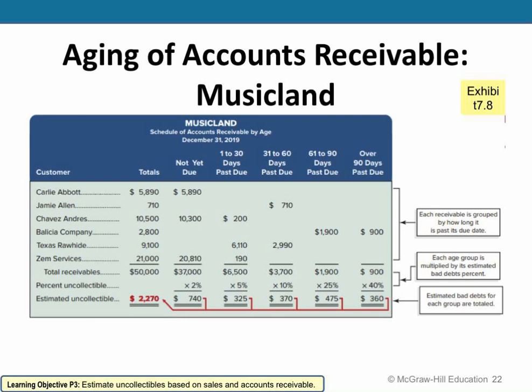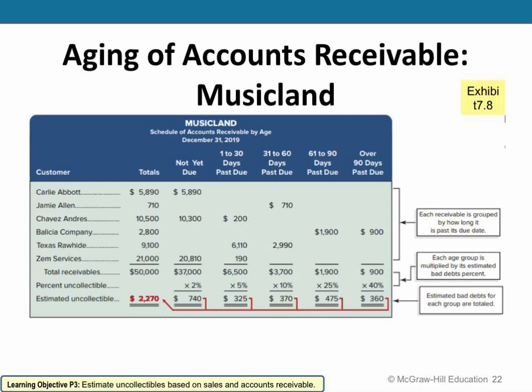If it just becomes past due, that's when the 5% kicks in. If we're not able to collect it after 30 days, then it's going to start increasing in terms of the unlikeliness to receive payment. So maybe up to 60 days, it'd be 10%, maybe up to 90 days, 25%. And then if you're over 90 days past due, it's almost a coin flip, say 40% in terms of whether we're actually going to receive funds.